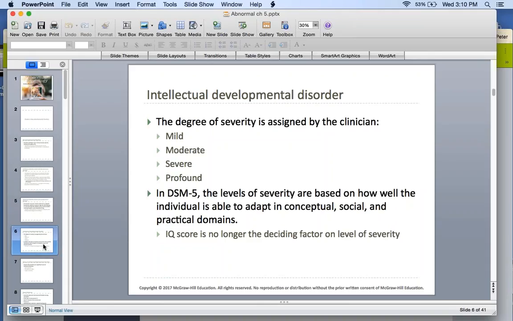Now in the DSM-5, the levels of severity are based on how well the individual is able to adapt in conceptual, social, and practical domains. So it's not just the IQ score anymore. It's looking at their whole life and how they are functioning in society.